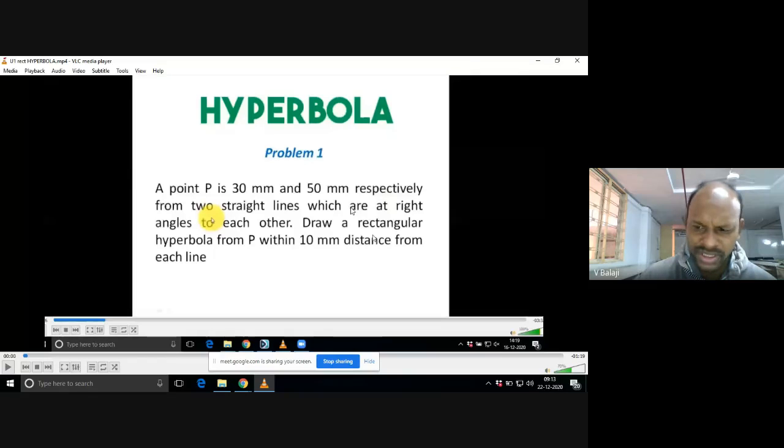In general, a normal or regular hyperbola has asymptotes that are not 90 degrees to each other, but at a different angle. But coming to the rectangular hyperbola, the asymptotes are 90 degrees to each other. We will see while solving this problem what asymptotes are, the concept behind that.